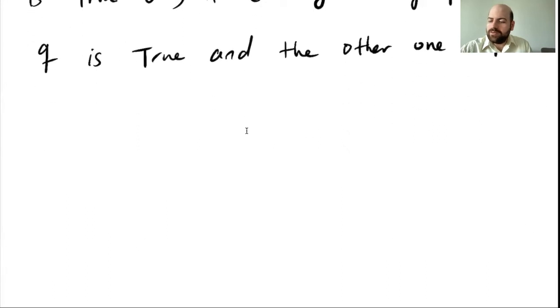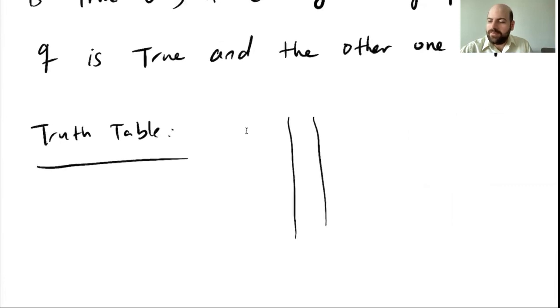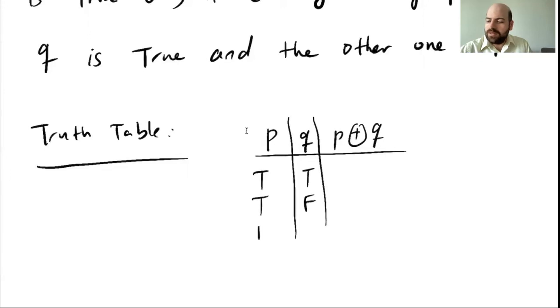Okay, so this is the truth table for this case. Again, we have P, Q, and then we have P XOR Q. So this could be true, true, this could be true, false, false, true, and then we could have both false.